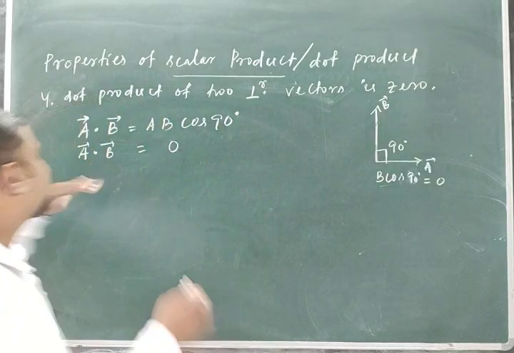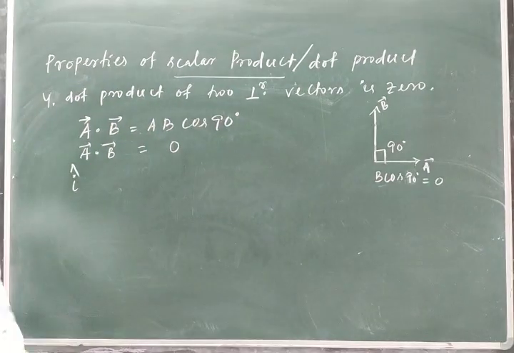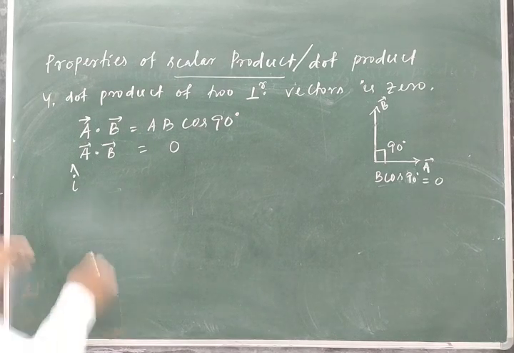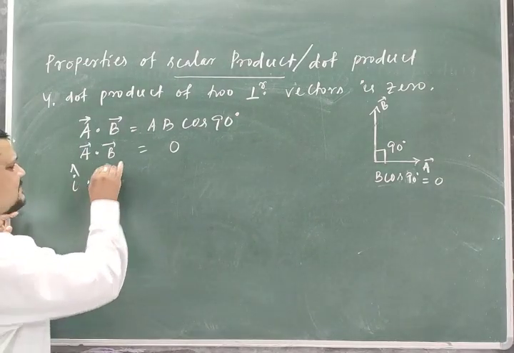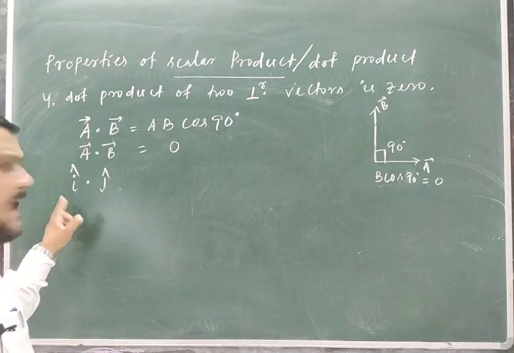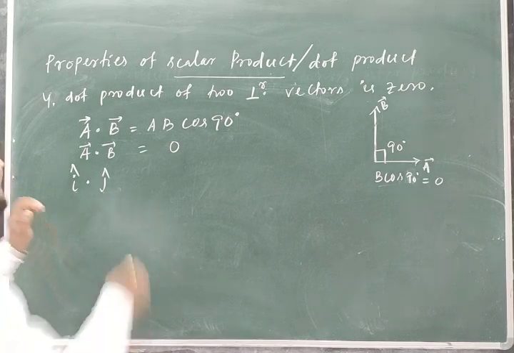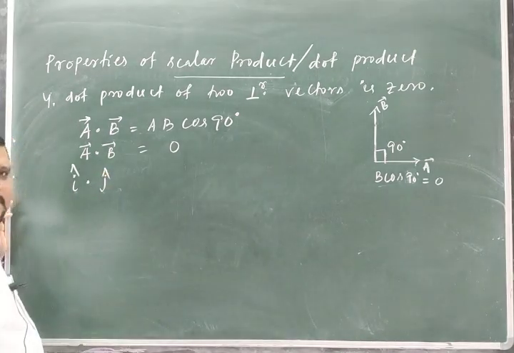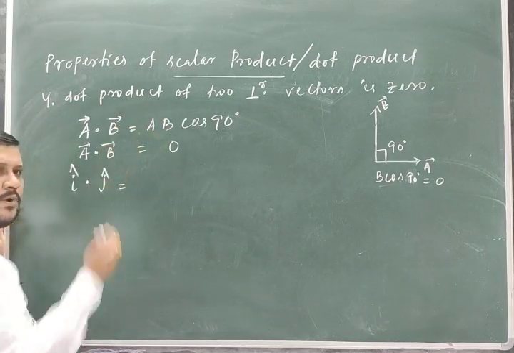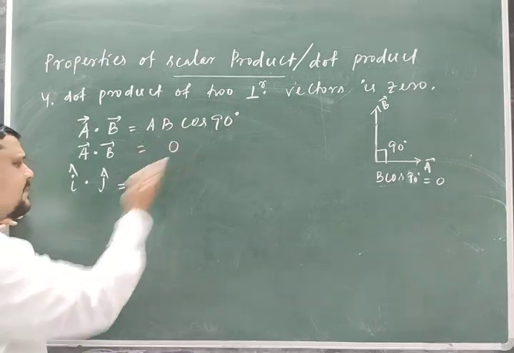Now in that discussion we will go for unit vectors, perpendicular unit vectors along the x-axis, y-axis, z-axis. Suppose I take i cap dot j cap. These are two unit vectors and they are rectangular unit vectors. i cap is along the x-axis and j cap is along the y-axis. Using the rule A dot B equals AB cos 90, they are perpendicular.